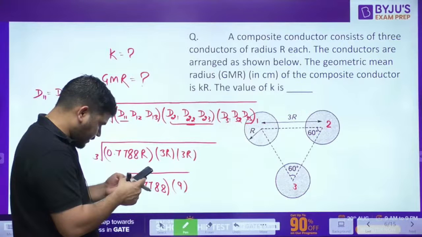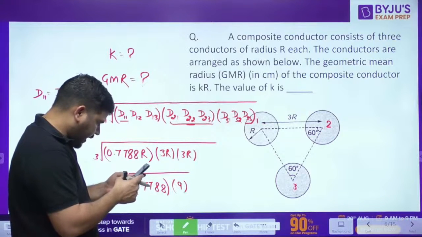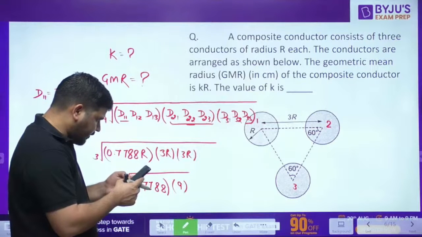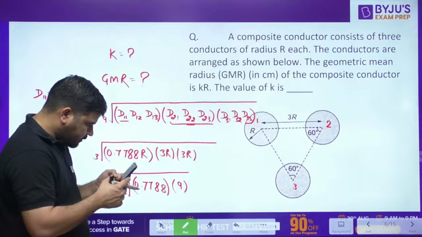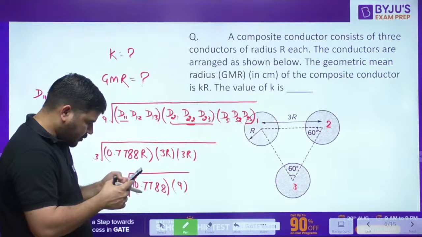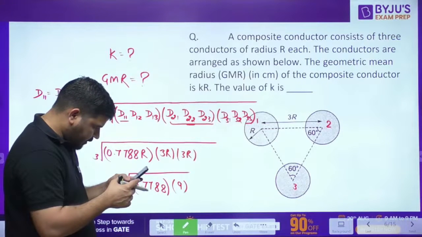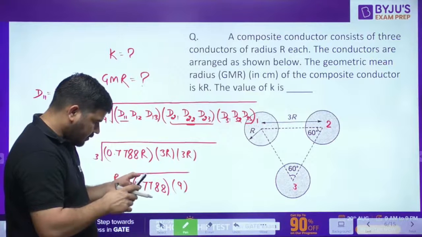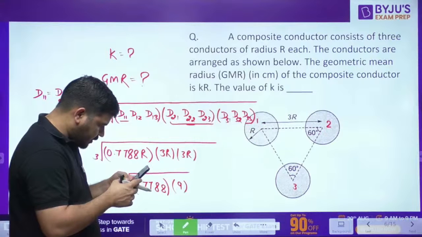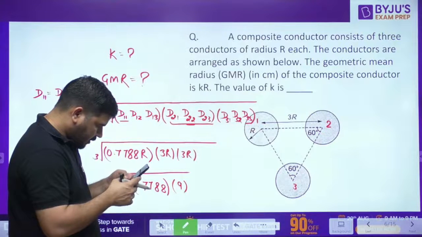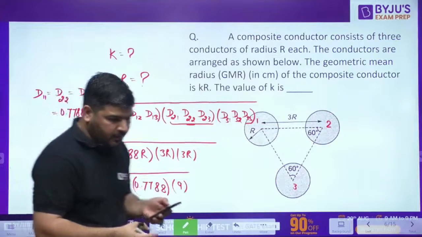So first, 0.7788 into 9. You will get 7. This quantity will become 7, and now you have to take the cube root of 7. I don't have the calculator, so I'm doing it on the mobile.